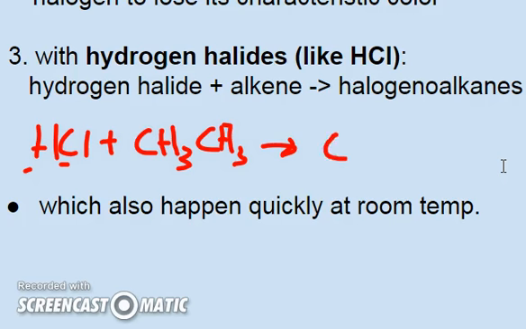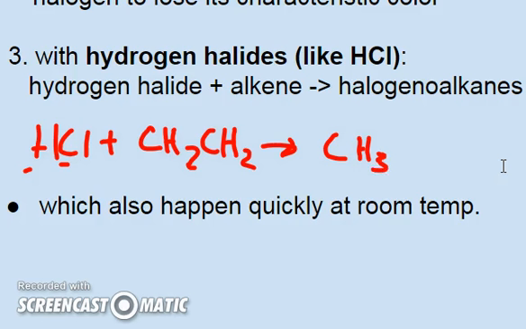So one of these is going to be, you know what, I think I did this wrong on the previous one too. This is just CH2, because an alkene only has two hydrogens on each carbon because of the double bond. So now when the bond opens up, one's going to become CH3 and the other's going to be CH2Cl.